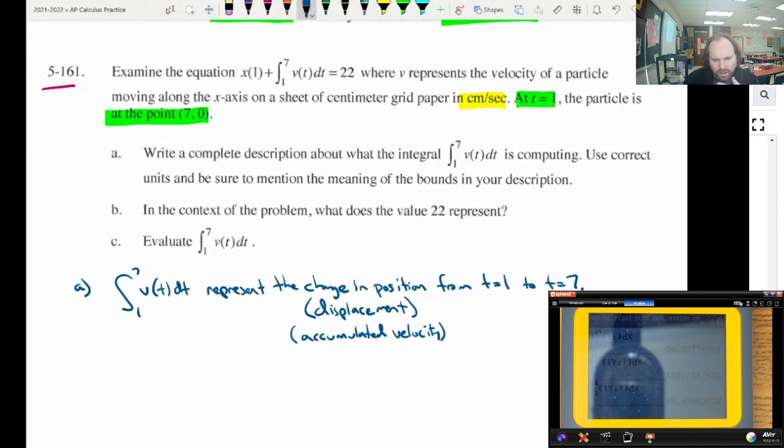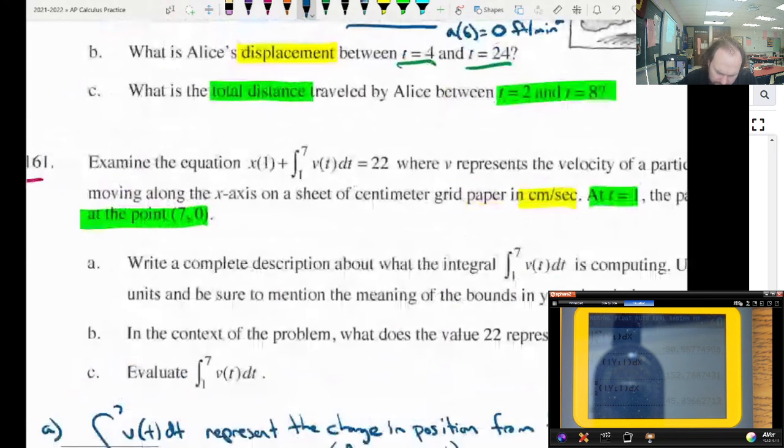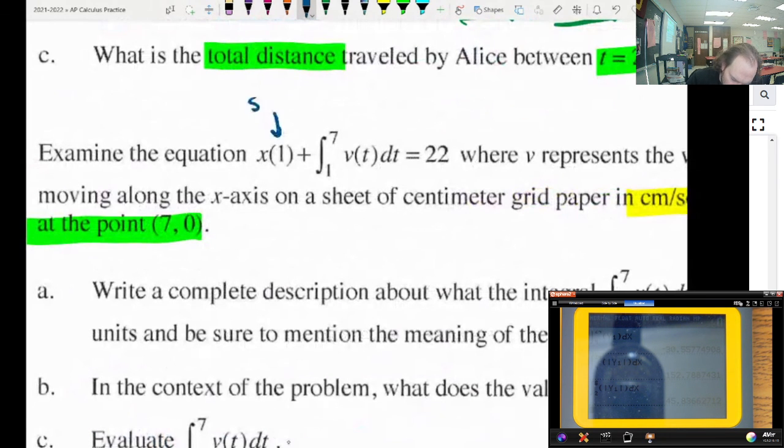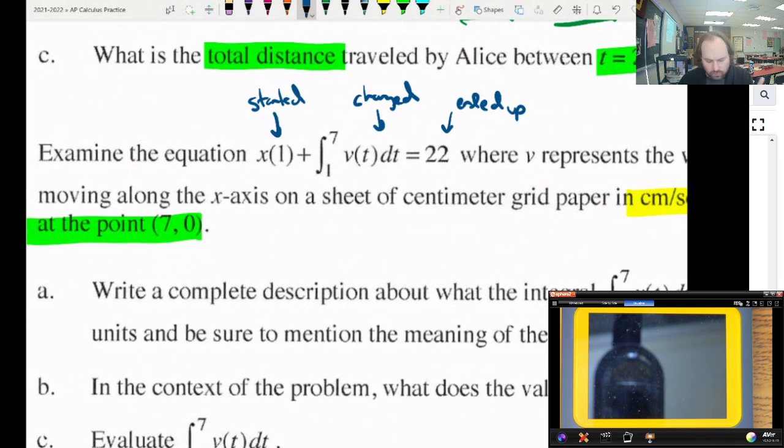In the context of the problem, what does the value 22 mean? So 22, let's see. I got to think about this. X of 1 plus that. So 22 represents, if you think about this sentence here, this is where it started, and this is how it changed. And so 22 is kind of where it ended up. That's where you want to think about this. We know it started at 7, and then it changed by some amount, and then it landed at 22.